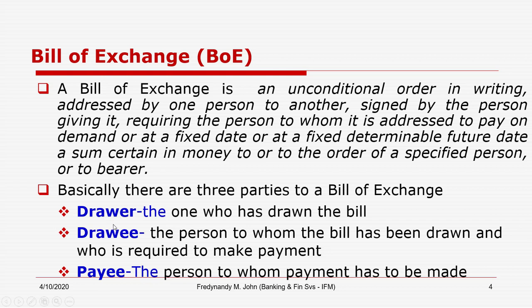The drawee, on the other end, is the person who is required to make the payment, and therefore, from our previous example, the drawee is Azam Corporation. And last, the payee. The payee is the person to whom payment has to be made. So the payee can be the bearer of the bill or any other person specified on the bill. That is to say, the payee from our previous example is Mr. Freddy.